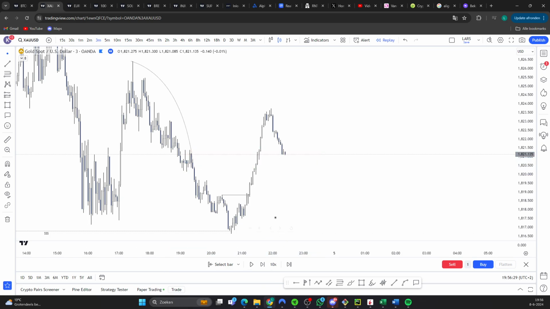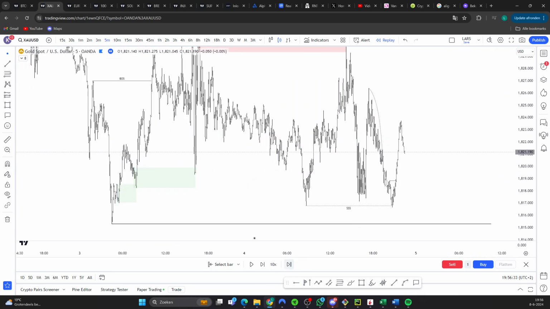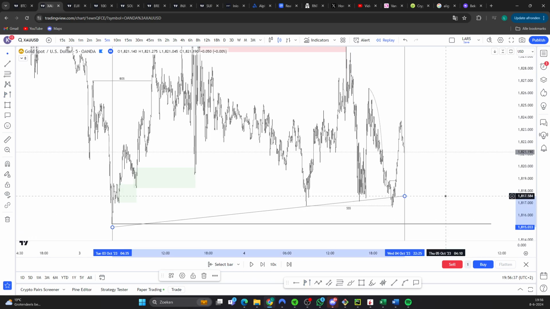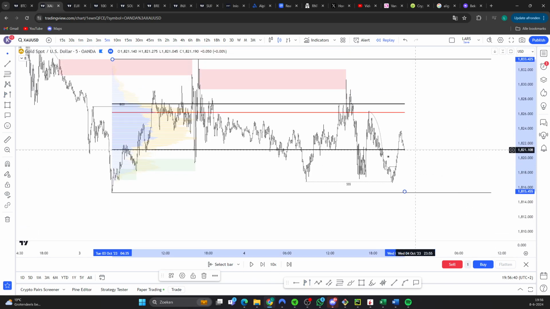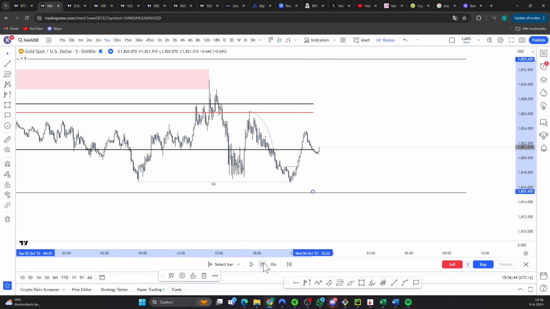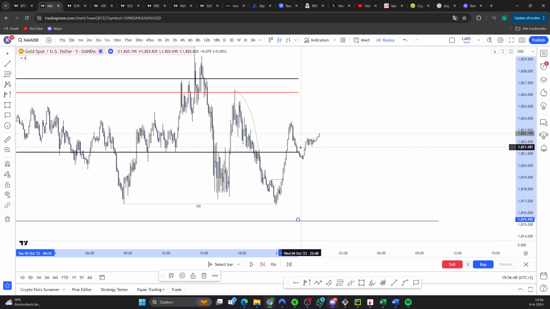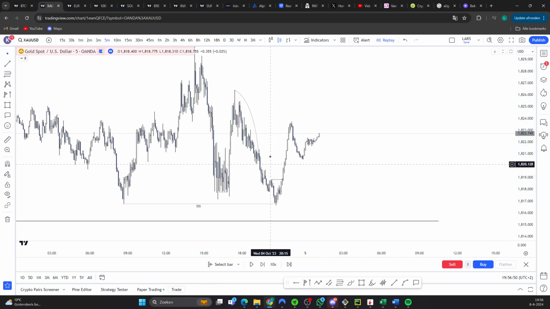Just squeeze through it. Trying to get back inside. We're in a no trading time zone.